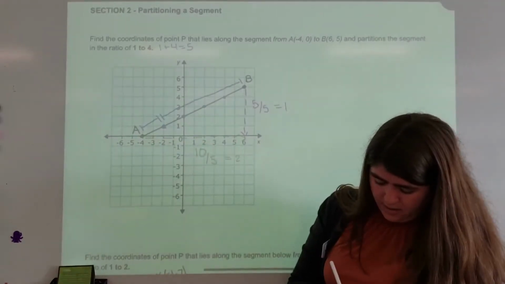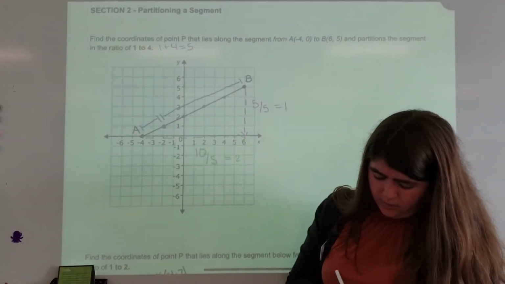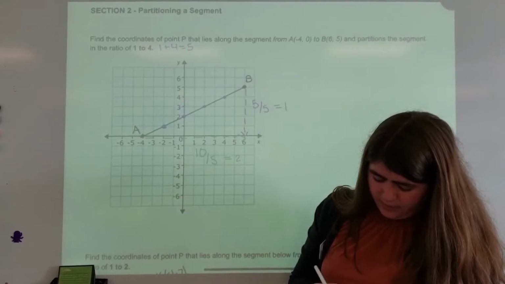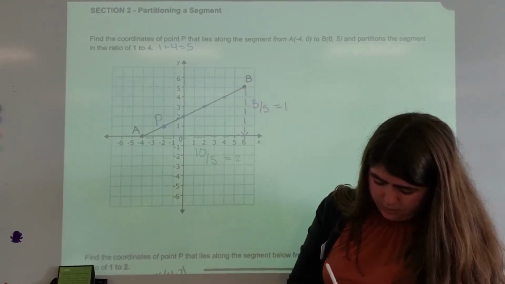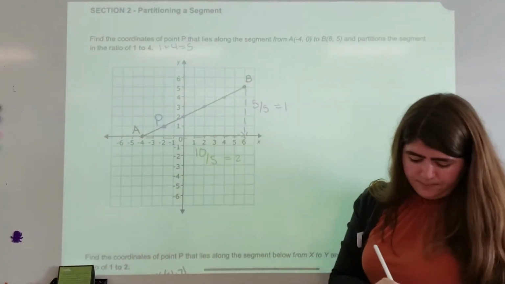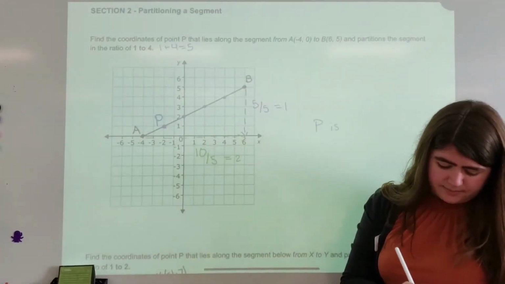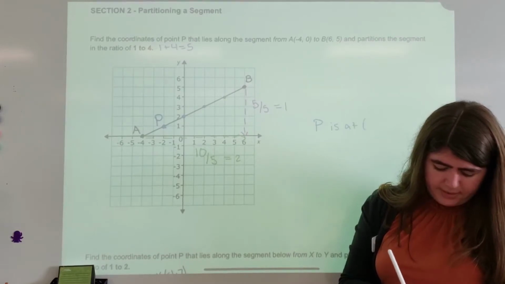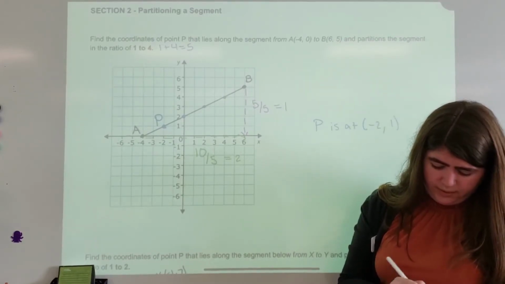So that is point P, and I'm going to erase my segment lengths there, and just point P right there. So P is at the point -2, +1.